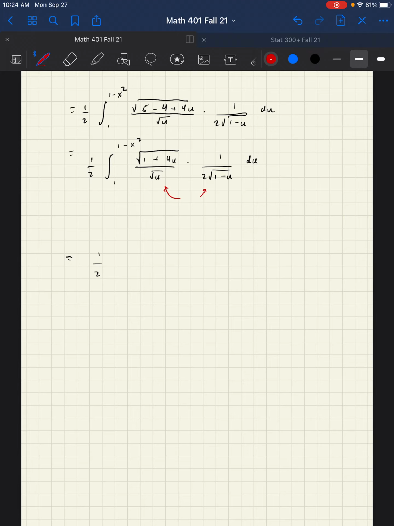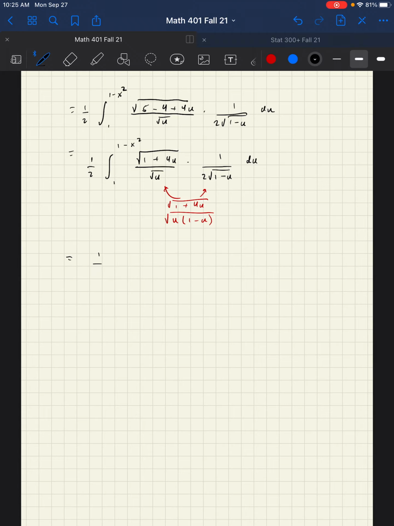That means you can combine underneath the square root. So if I'm going to pull out another 1/2, that's just scratch work. So I was just going to say, I can combine underneath the square root to make a square root of u times 1 minus u.